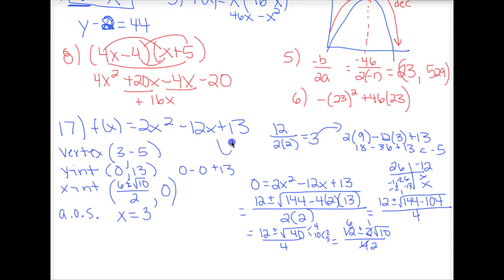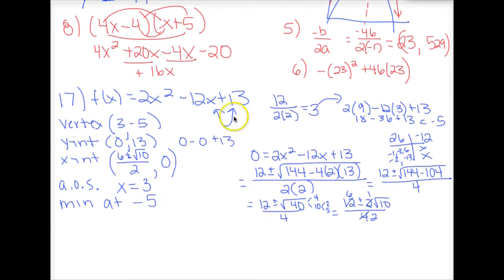This opens up, which means I'm going to have a minimum, a low point. And the y-coordinate of the vertex is the minimum, so that's why I wrote that we have a min at -5. So that reviewed a whole bunch of stuff all in one problem: how to find vertex, y-intercept, x-intercepts, axis of symmetry, min or max, all of those good types of things.